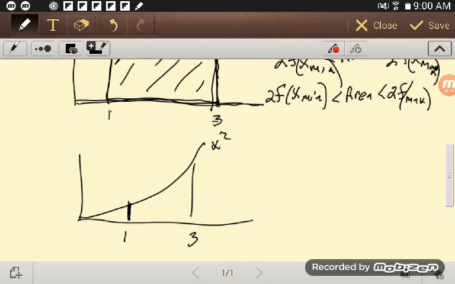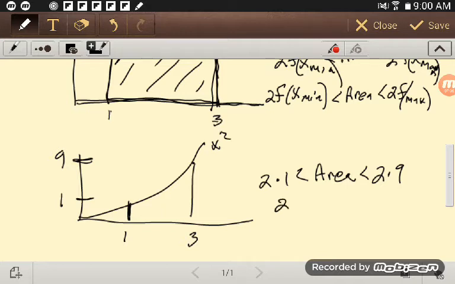What I know is that this is 1, and that is 9, and so I know the area is between 2 times 1 and 2 times 9. Okay, so I got an answer that the area is between 2 and 18.